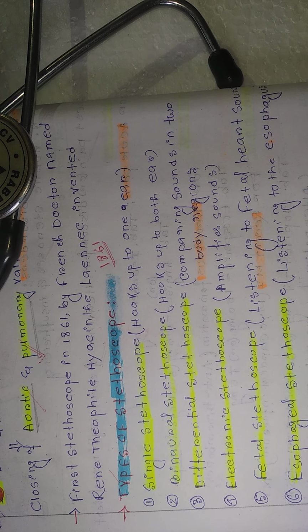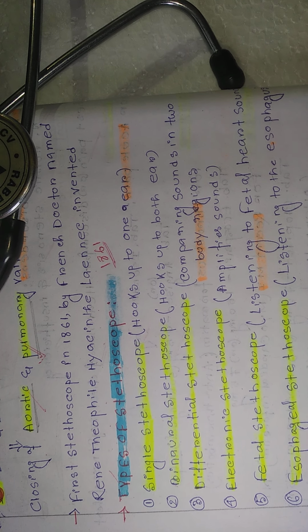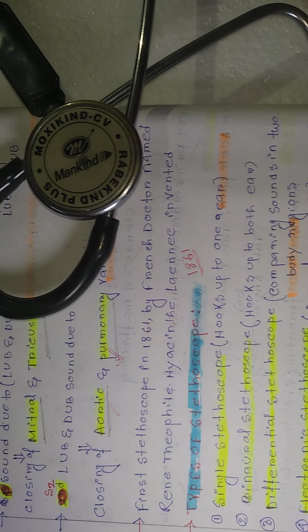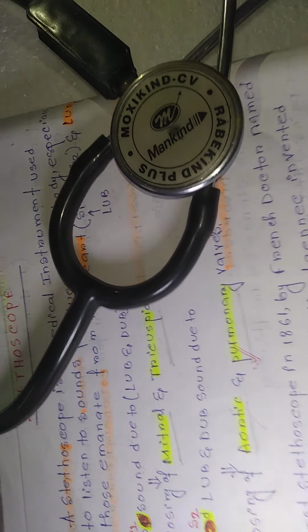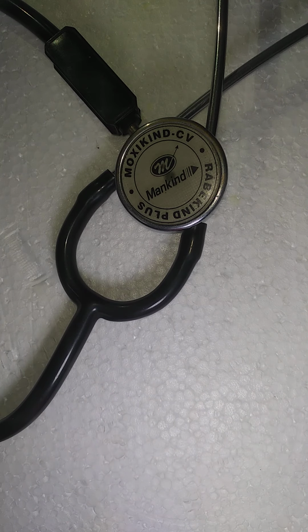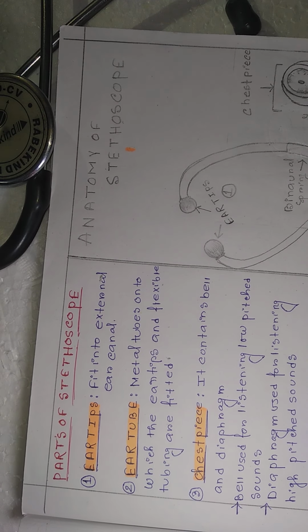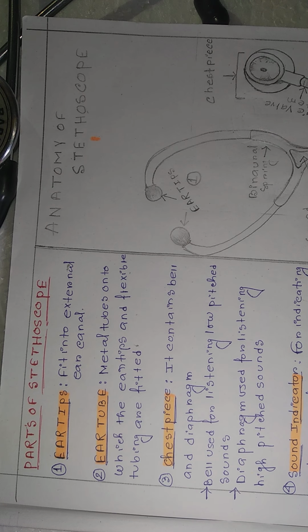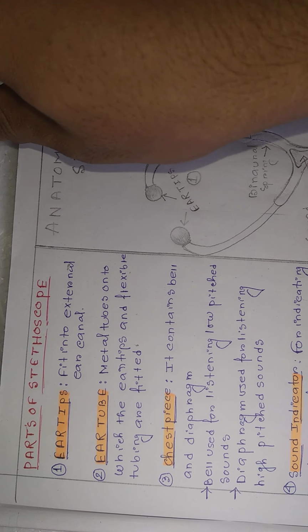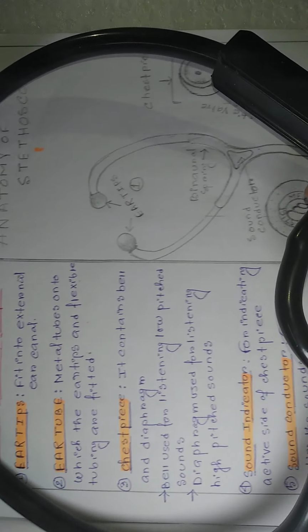And if you want to see each part of the stethoscope, what is the anatomy of a stethoscope? See, this is the anatomy of a stethoscope. You will come to know about each portion of a stethoscope.